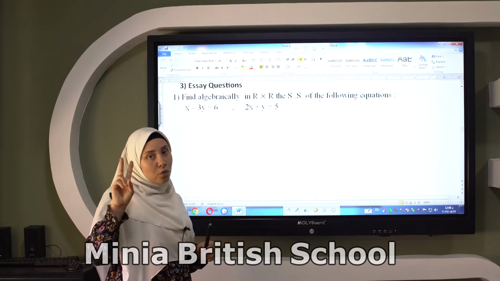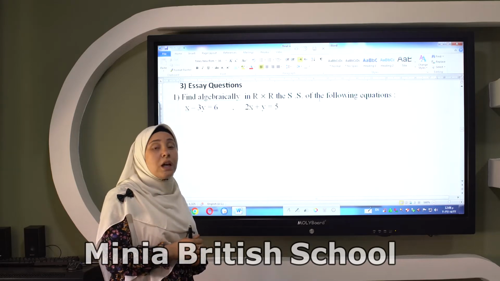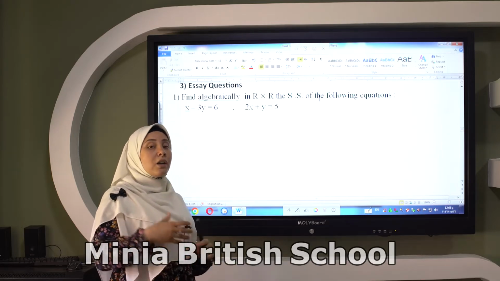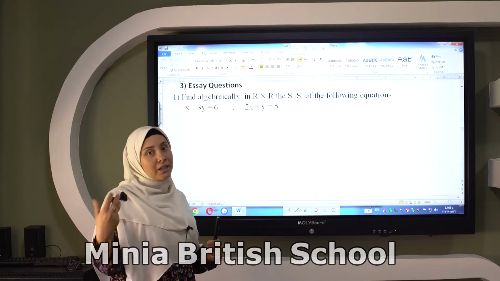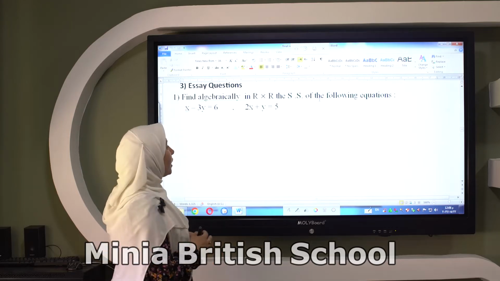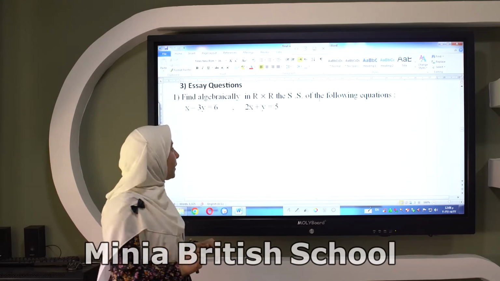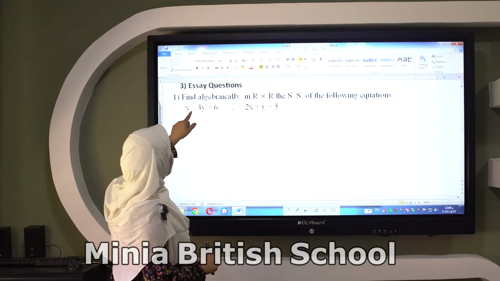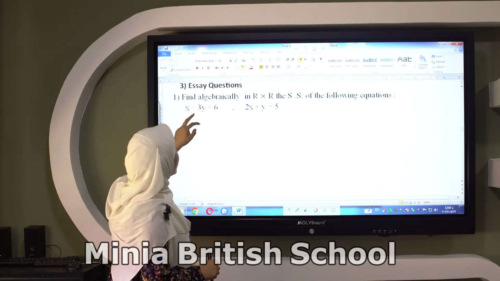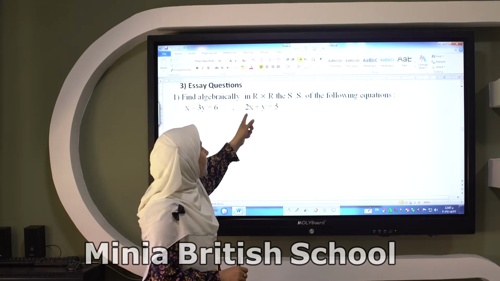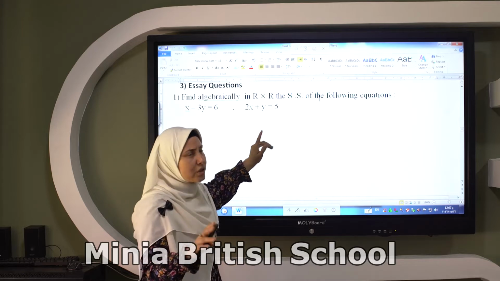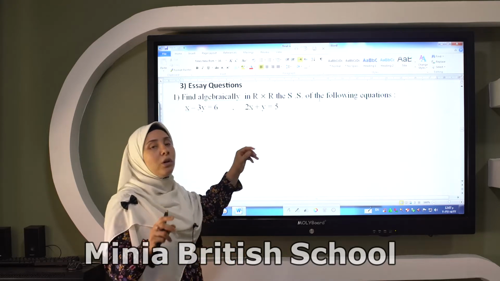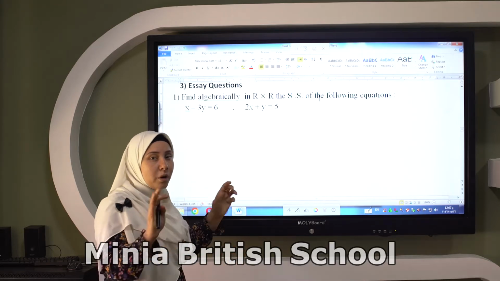You have two methods to find the solution set: the substitution method or the elimination method. Here I will use the elimination method. In the first equation the second variable is negative 3y, but in the second the sign of the second variable is positive, so I will multiply the second equation by 3.